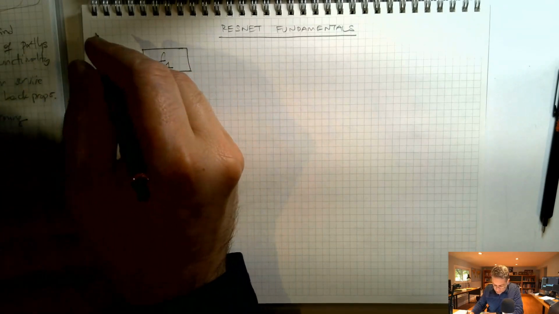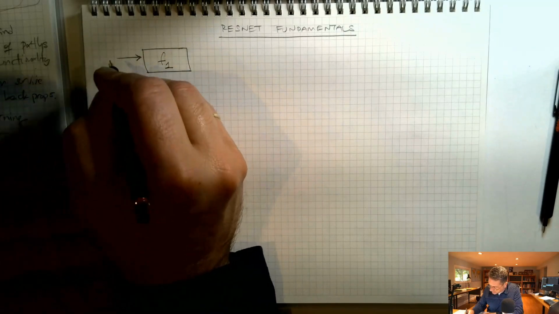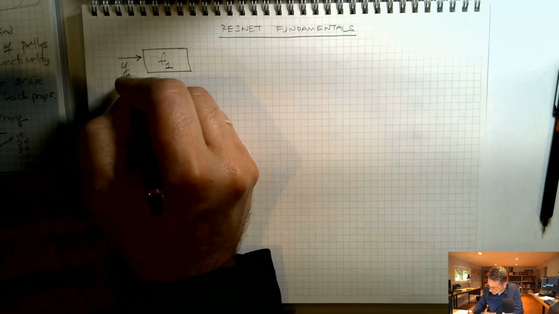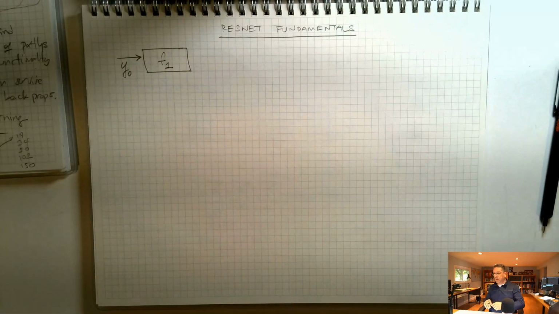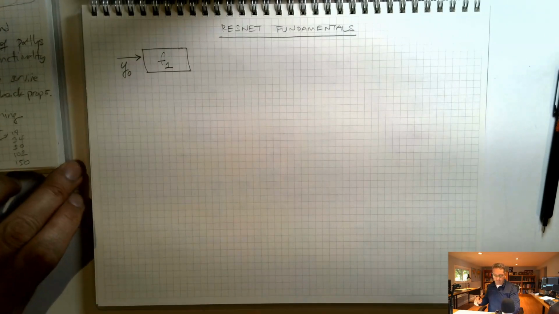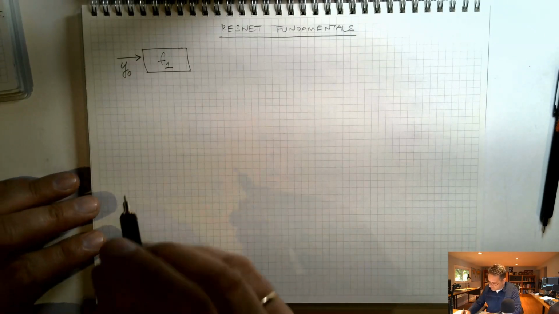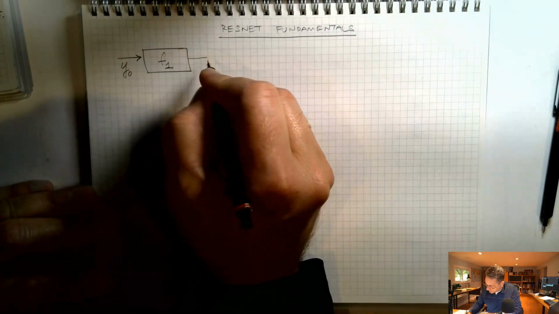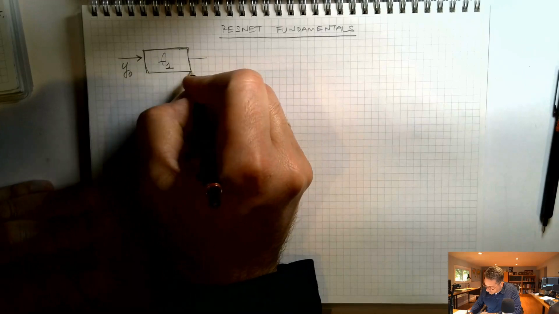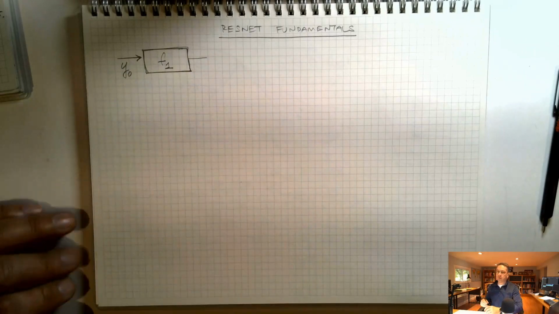I'll use a bit different terminology from what I used earlier: instead of X, I'll be calling the input Y0. I could have used X0 also, but in my notes I have this as Y0.